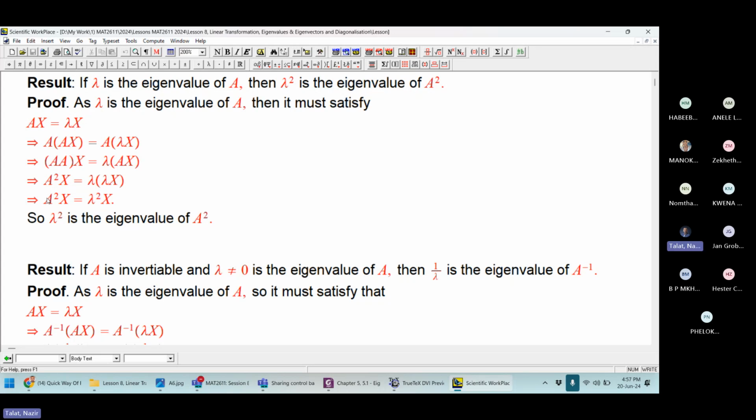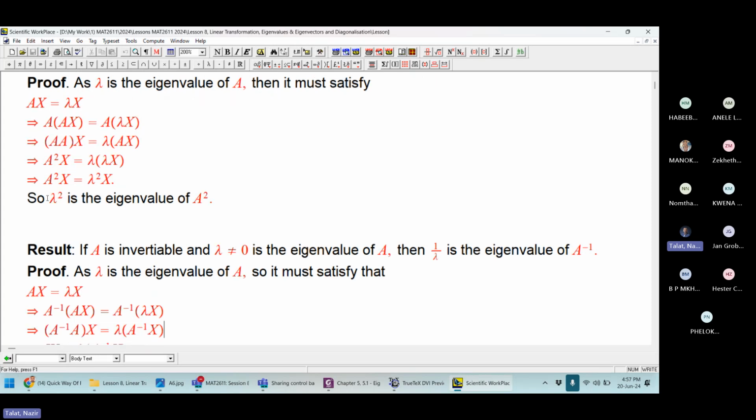Here is another result: if A is invertible, meaning the inverse of A exists, and lambda, not equal to 0, is an eigenvalue of A, then 1 over lambda is an eigenvalue of A inverse. We can see that since lambda is an eigenvalue of A, it must satisfy Ax equal to lambda x.